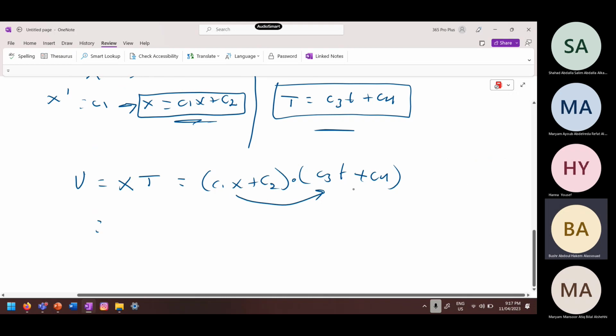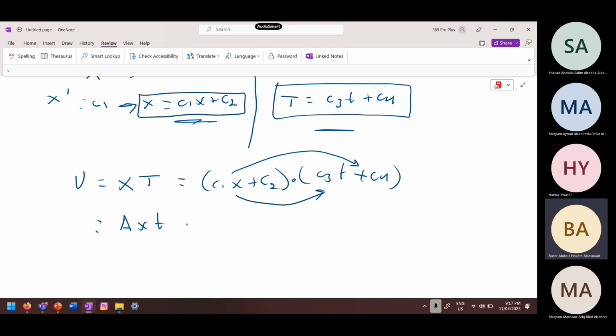So c1 x multiplied with c3 t is equal to A x t. c1 x multiplied with c4, it's basically constant times a constant.